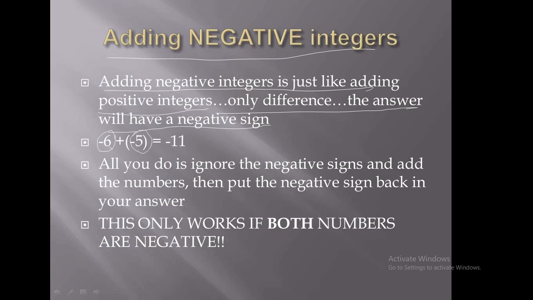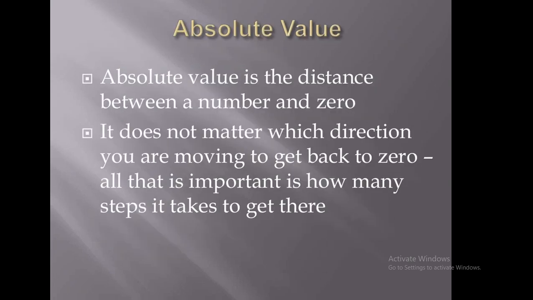When we add any two negative integers, we will get the answer in negative form, that is minus 11. This is also an integer, but it is minus 11, so it is a negative integer. This only works if both numbers are negative. Now we will move to the next.